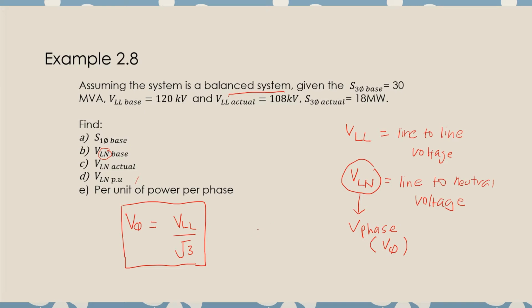So let's solve A, where you have to calculate the power for one phase. You are given the power for three phase. If you want to get the power for one phase base, you just have to divide by 3.